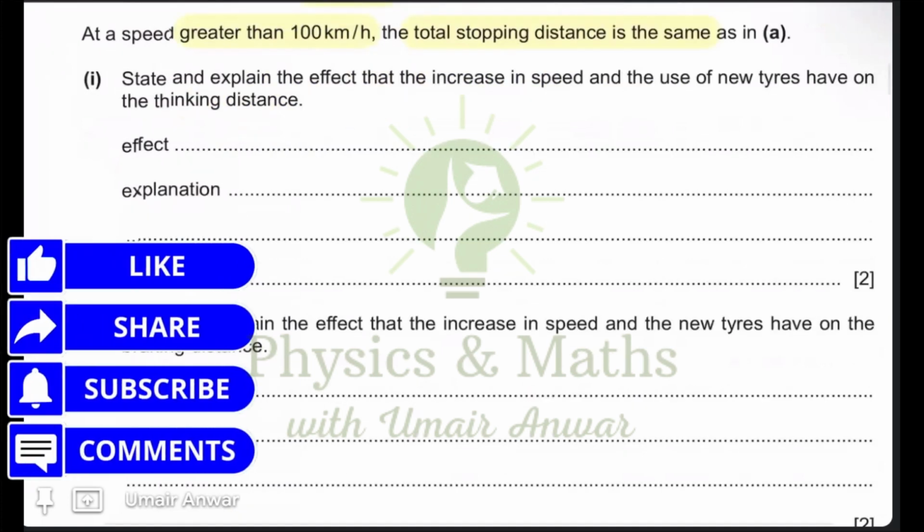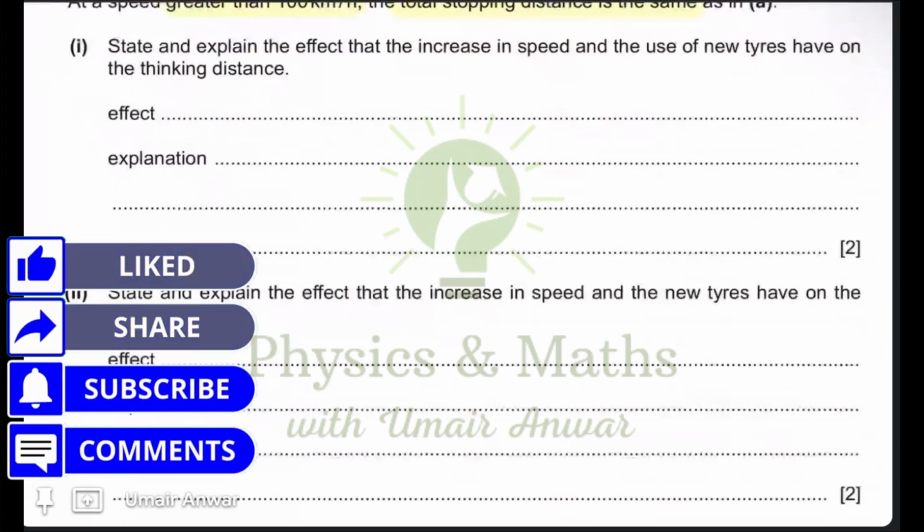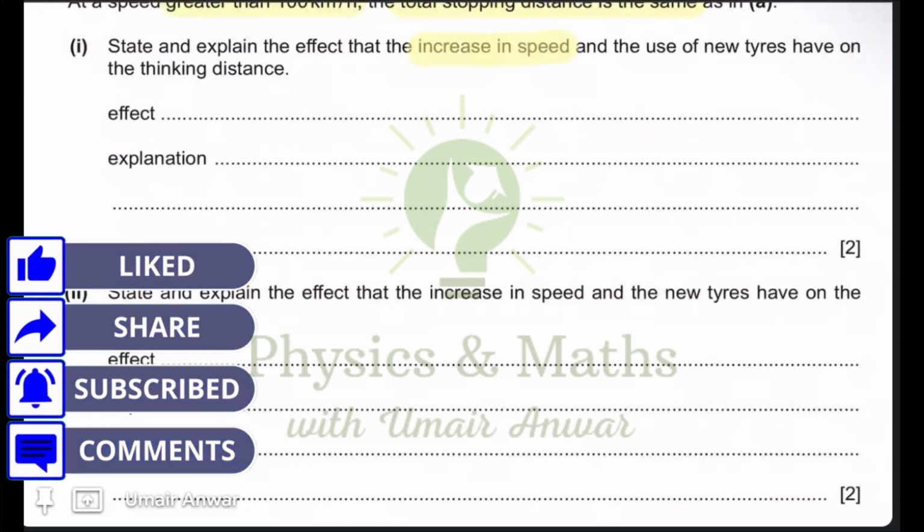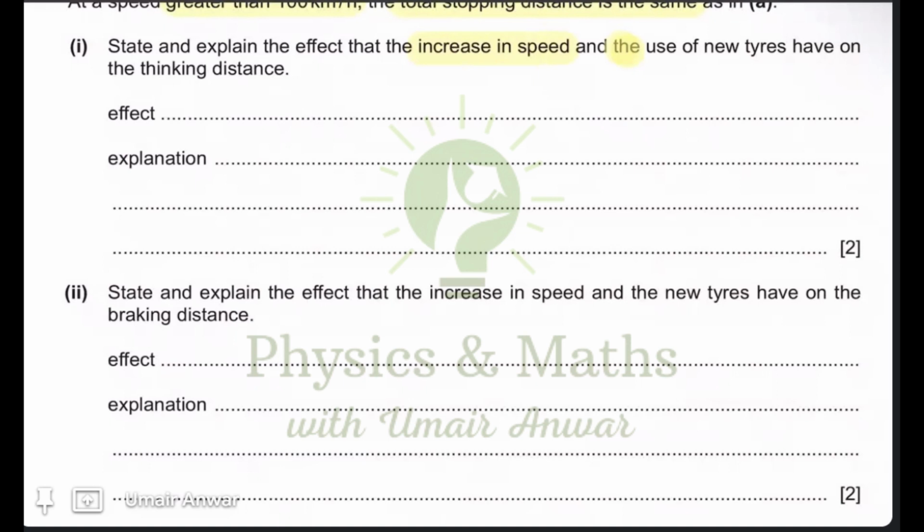State and explain the effect that the increase in speed and the use of new tires have on the thinking distance. So these are the two factors. The speed has been increased and new tires are being used. What would be the effect of these two factors on the thinking distance?